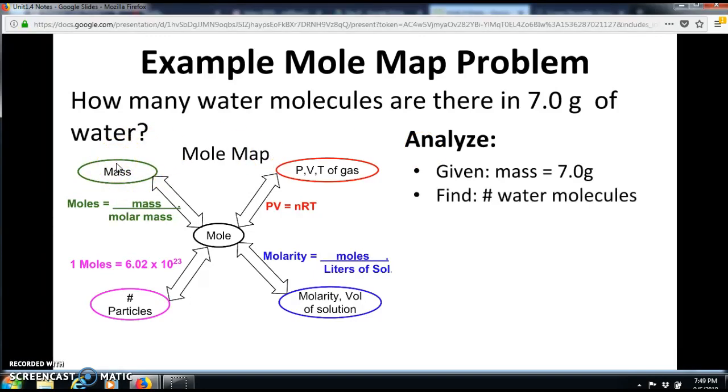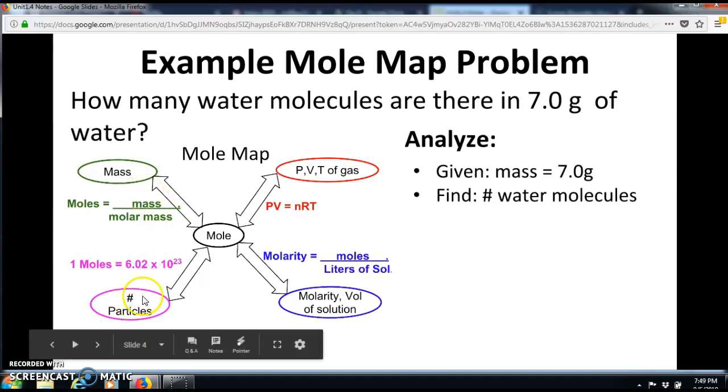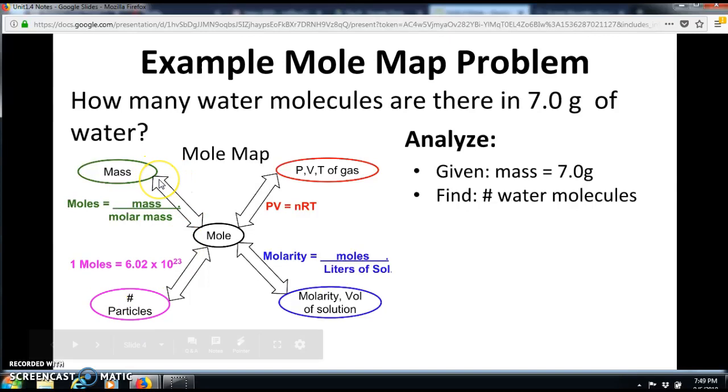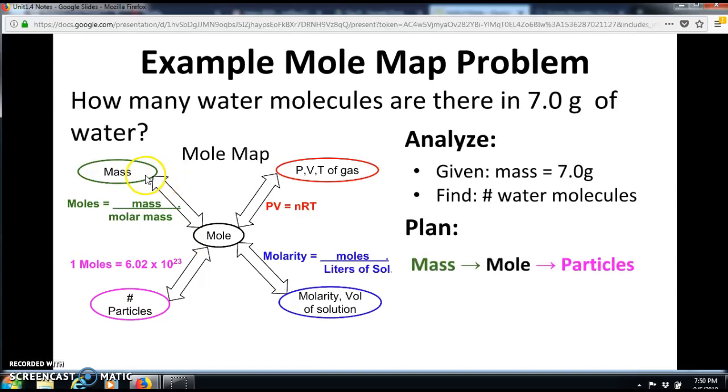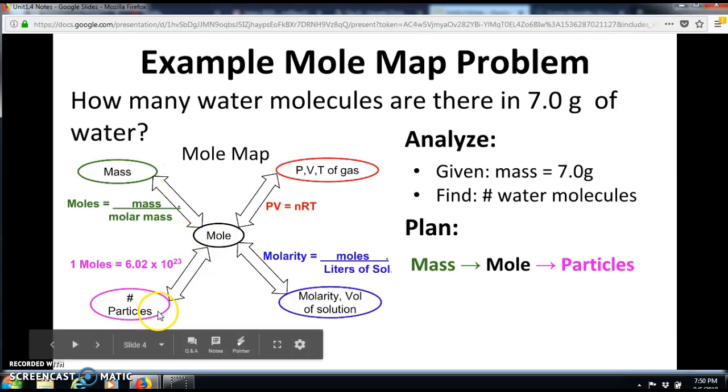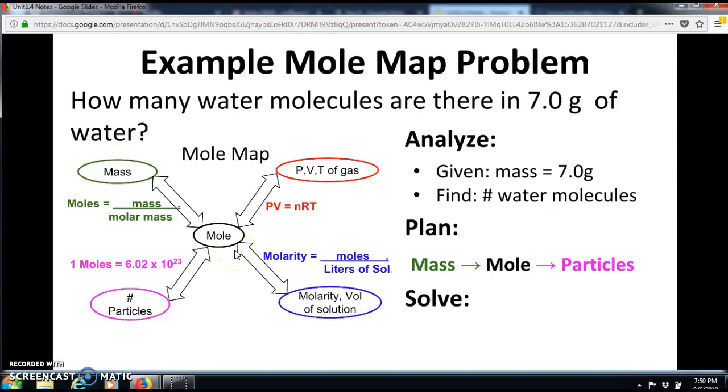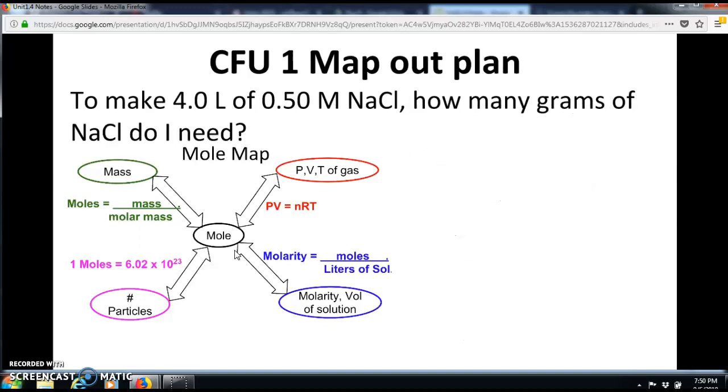And what we're trying to find is the number of water particles or molecules. So we're trying to go over here. And we know that we'll have to go through moles, so let's go ahead and map out our plan. So we start with our mass, go to moles, and then for moles we can go to number of particles. That's the route that we've mapped out. Now solving this, we can choose to use either a plug and chug method or a dimensional analysis method. And we'll look at that later.